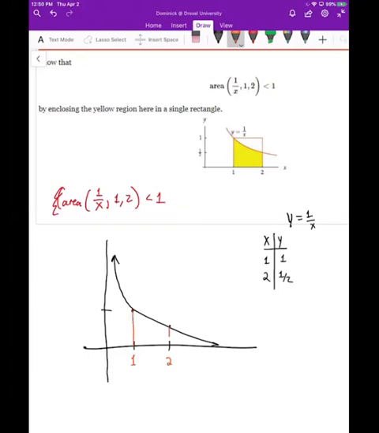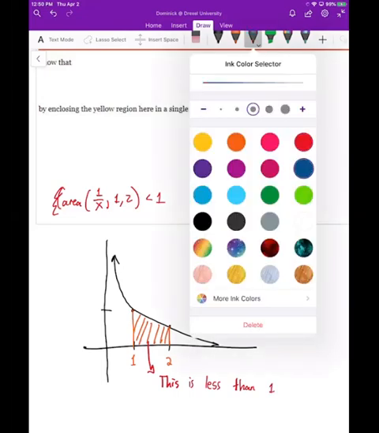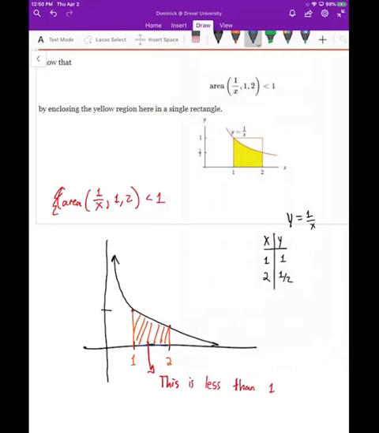So we're interested in showing that this area is less than 1. The key here is that we're going to use a rectangle. If you draw a rectangle here from 1 to 2, and then we come up here, we have this rectangle, and we can talk about its area. The area of this rectangle, and in this case it's a square, is its base times its height.